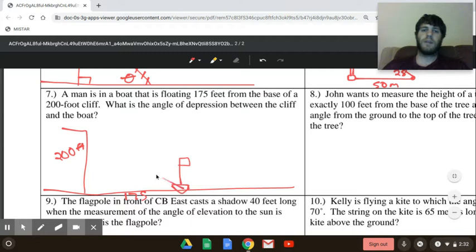And we want the angle of depression between the cliff and the boat. So again, if the cliff is the observer, we want this angle. Right, but again, we know that if you have two horizontals, those are parallel lines. So this is also going to be x. So what we're really looking for is this angle here. And when you're solving for an angle, you have to use one of the inverse trig functions.